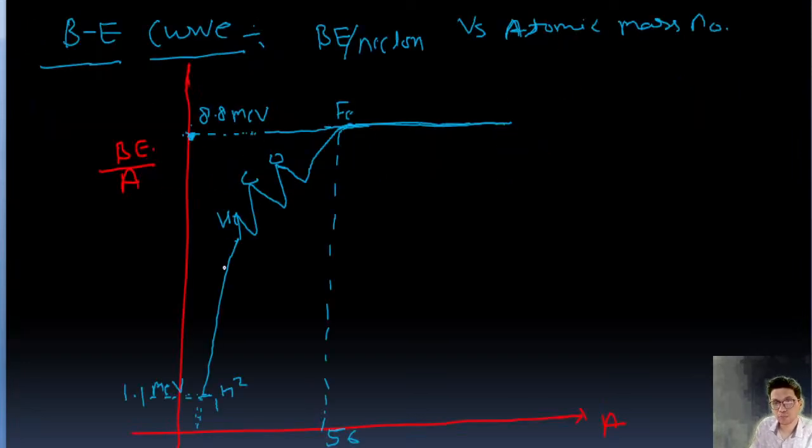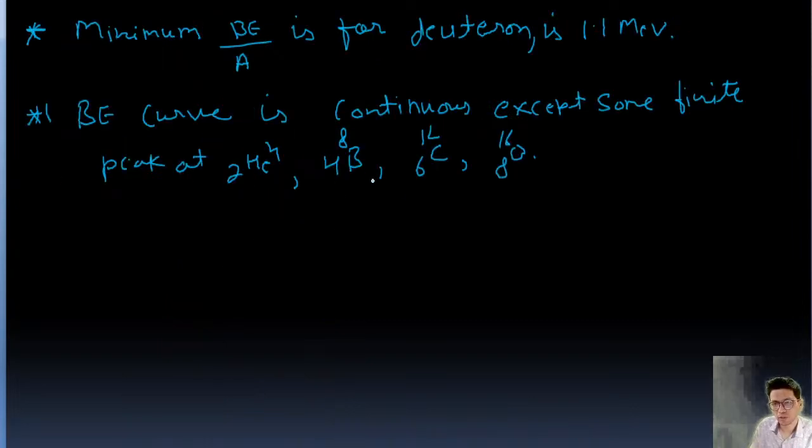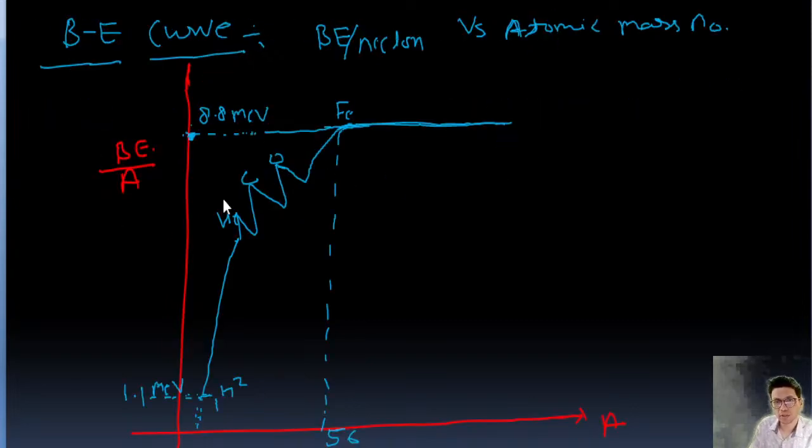These are for helium, carbon, oxygen, and beryllium as well. There are more peaks, but I have shown only 3.